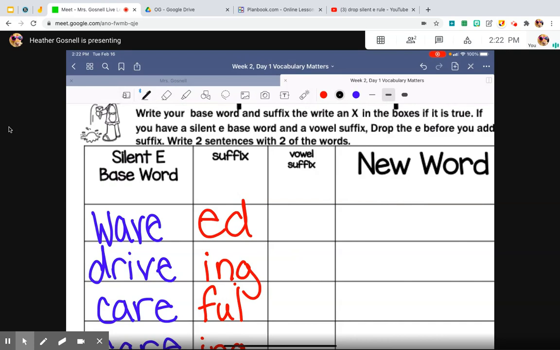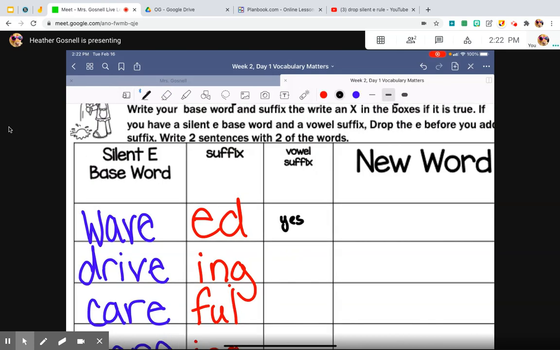Now the next thing I ask myself is, is it a vowel suffix? Is ed a vowel suffix? I want to add ed to wave to make it waved. The answer is yes, it is.